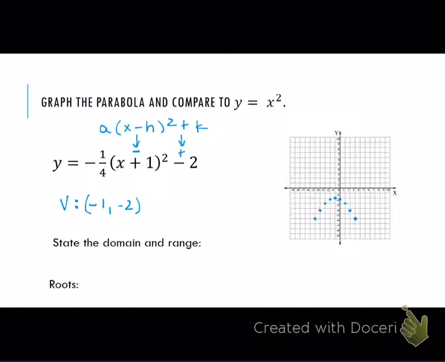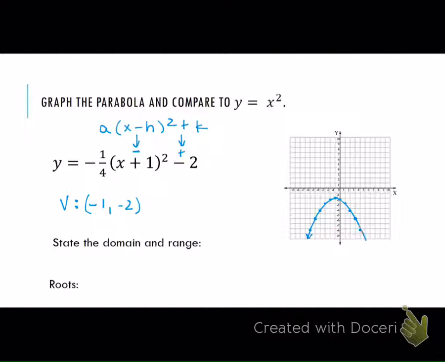I'm going to do one more. If I go out 5, I would go up. What's 1/4 of 25? 6.25, good. So it would be 6.25. Okay, so try to get as many of those points as you can so you can really see the shape.